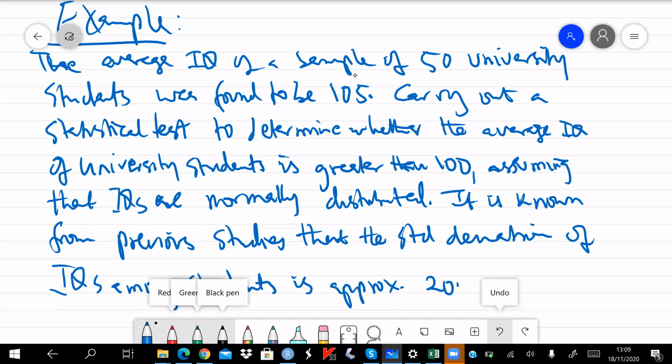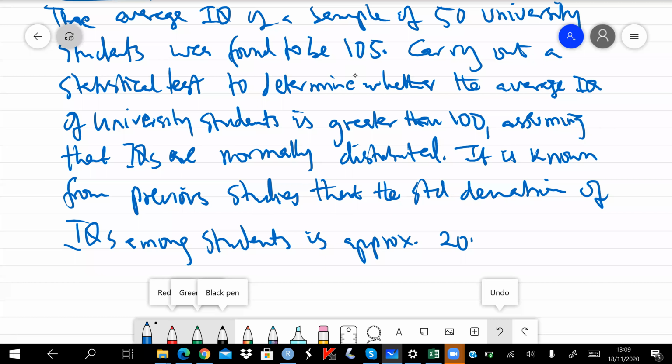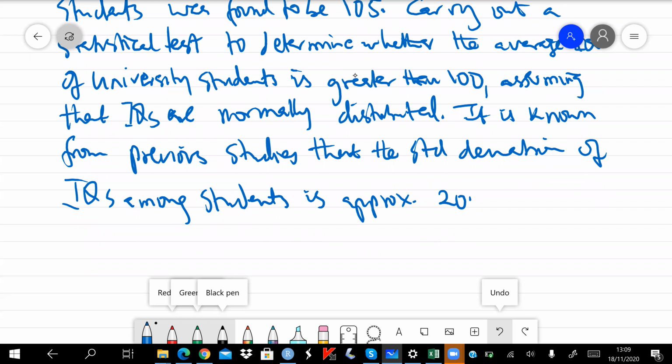Then you're asked to carry out a statistical test to determine whether the average IQ of university students is greater than 100 if you assume that IQs are normally distributed. Then additionally, you're told that it is known from previous studies that the standard deviation of IQs among students is approximately 20.